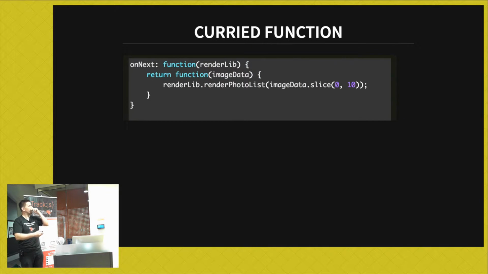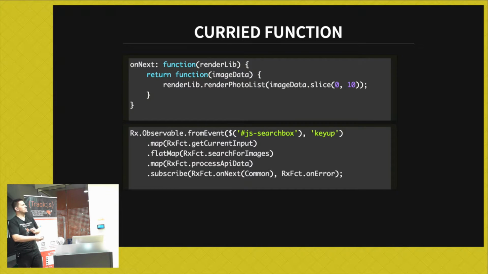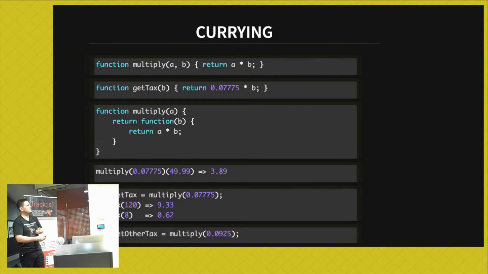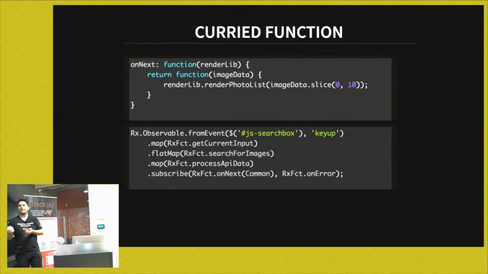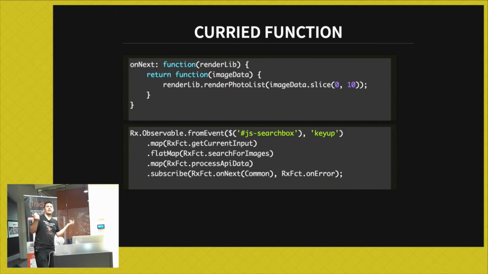Actually, let's go forward. So now we're using it down here, and you can see how we're essentially configuring our onNext function with the same object we had before in there, common. This is now renderlib, so now we have common.renderPhotoList, which is exactly what we had here. There's an added benefit. So now, this is the image search that displays the images.